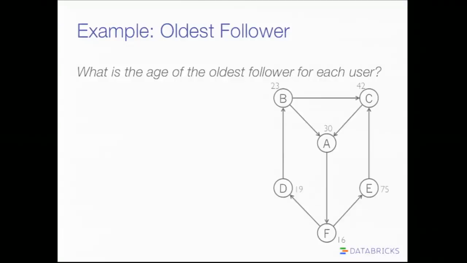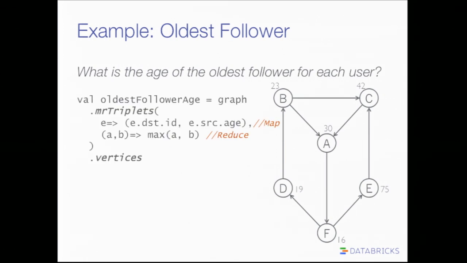Here's a simple example where we're just trying to find the age of the oldest follower for each user in like a Twitter social network. So there, each user is a vertex, and it's annotated with each user's age. To find the age of the oldest follower, we could take the age of each follower in the map function and send it to the user being followed.